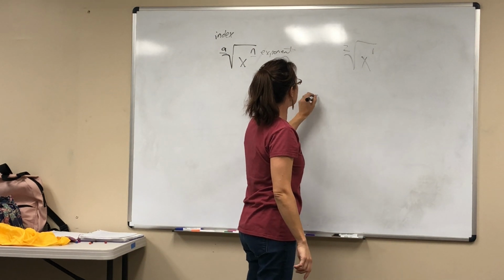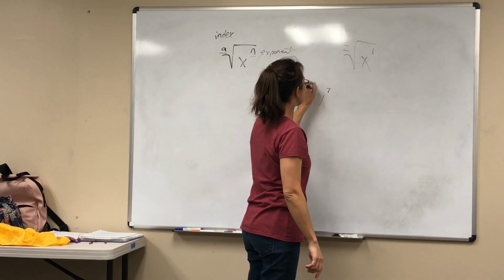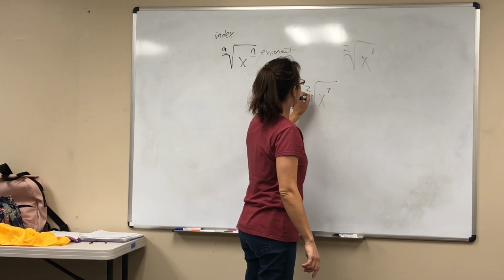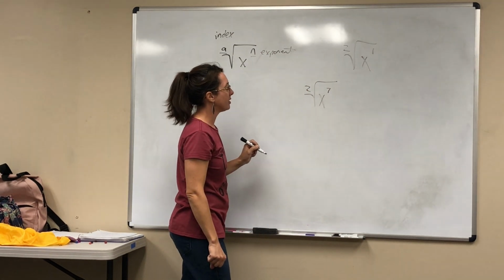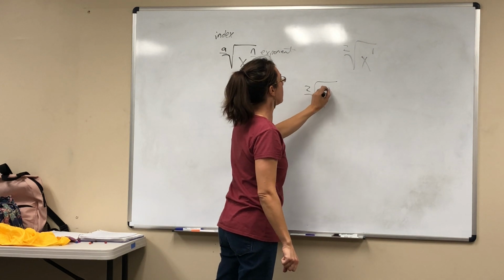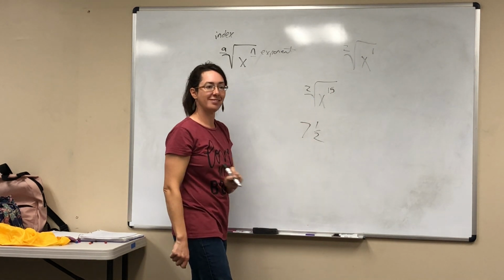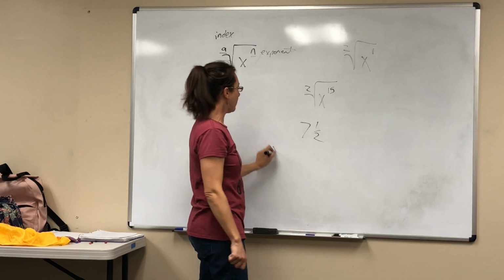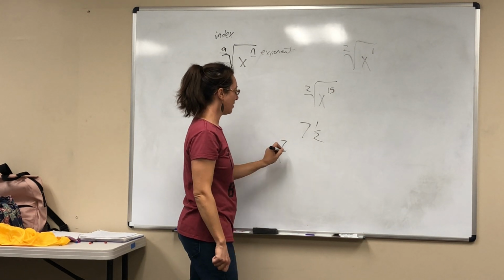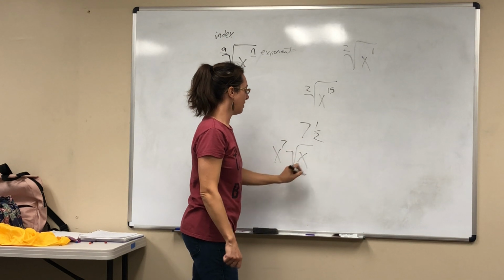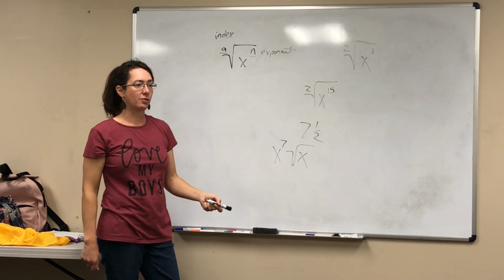Nathan mentioned, whenever I did x to the 15th, we had a square root, and he said 15 divided by 2 was 7.5, right? So we ended up with 7, and we had a square root of x left over.